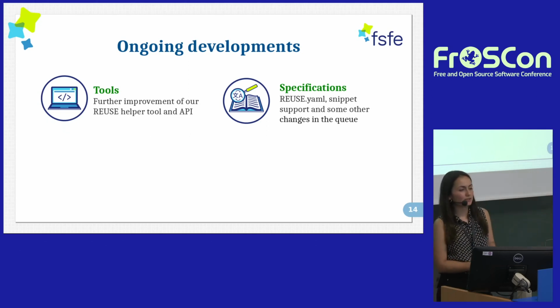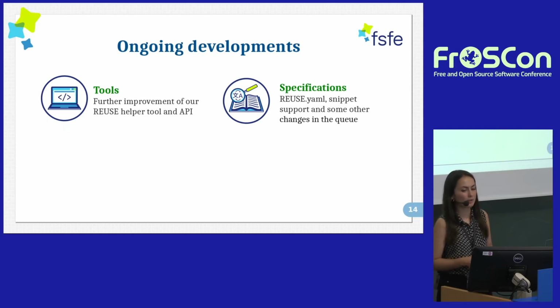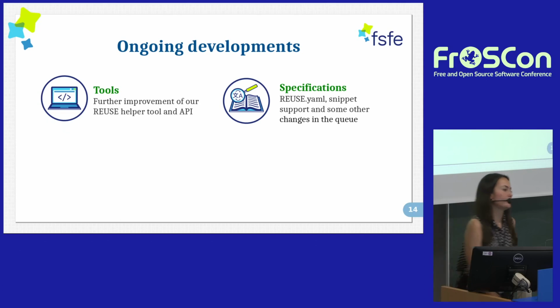There is also an ongoing development on some snippet support. So if you have a snippet in your code, then you will be able to declare the legal information of this specific one. So that's also in the pipeline, and we are working on some other changes in the queue.